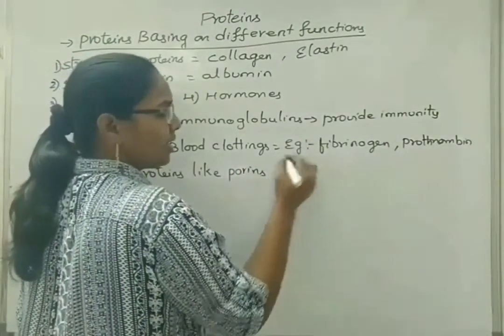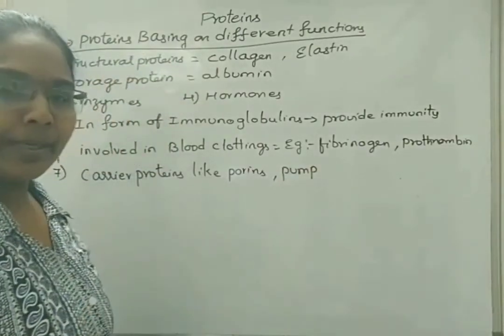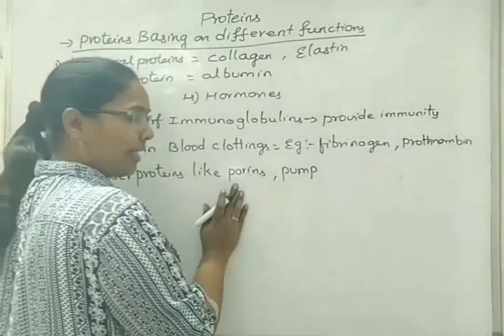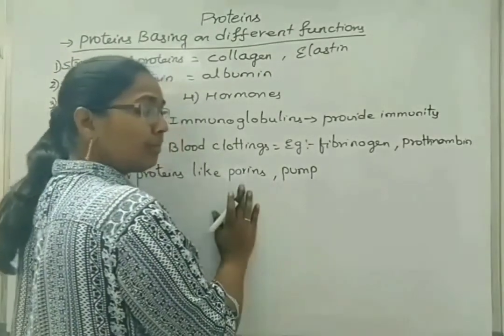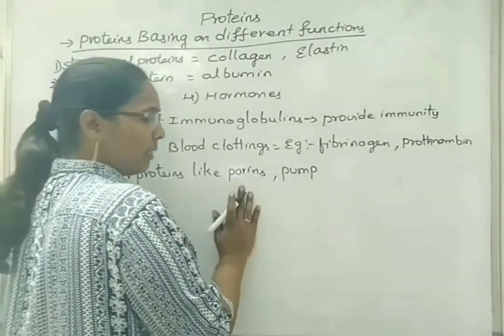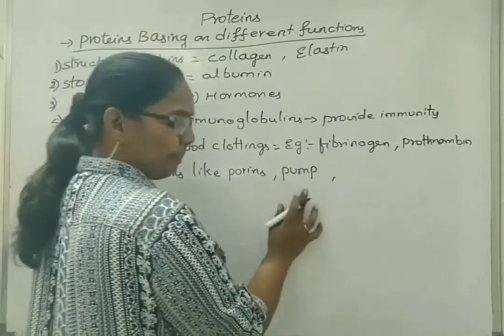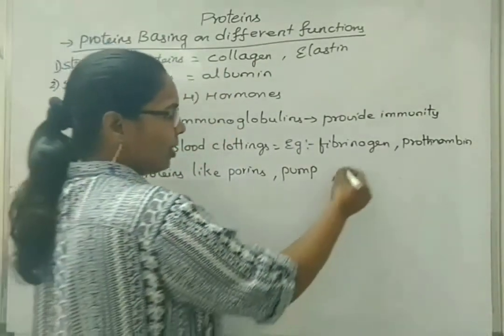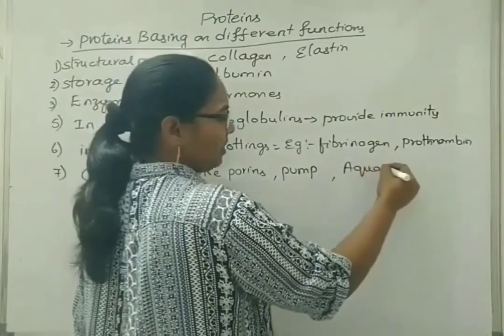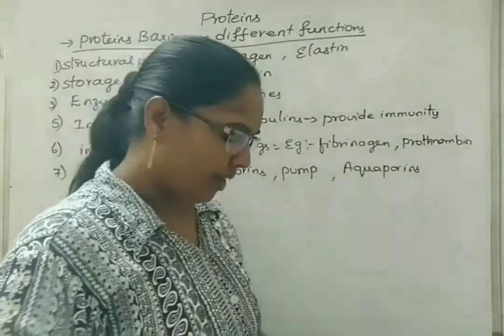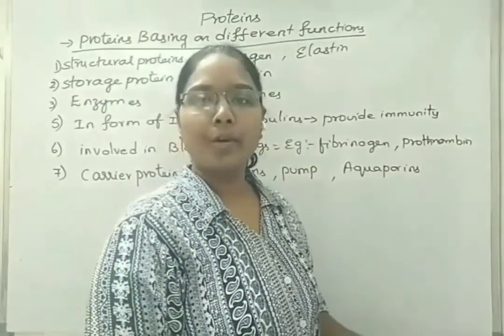Pumps are considered to be utilizing ATP and doing the transportation. These are also carrier proteins, but porins will not use ATP. Those are considered as pure facilitated diffusing carrier proteins. Aquaporins transport water molecules. 8 aquaporins are called one water channel.